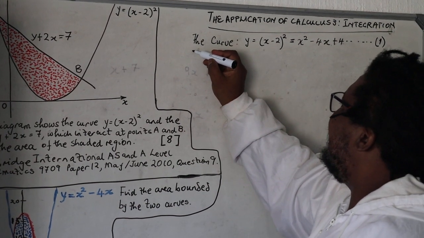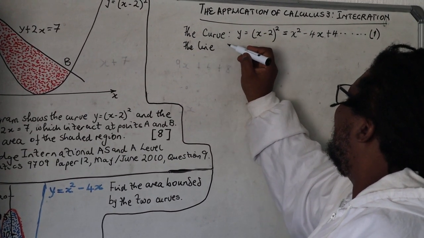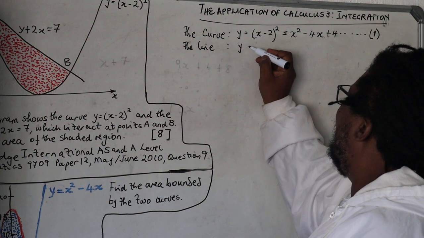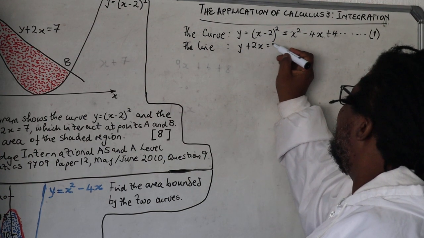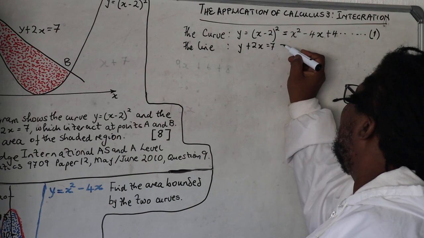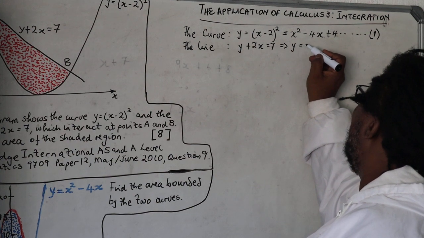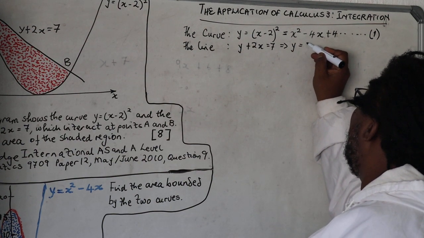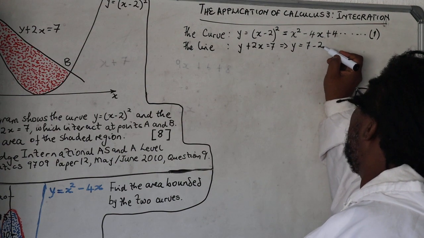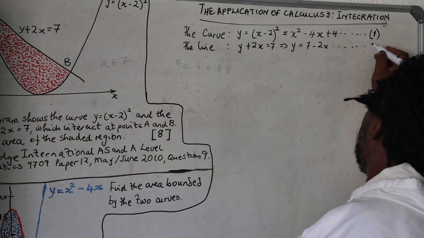Then for the line, y plus 2x is equal to 7, which gives us y is equal to, we take 2x to the right-hand side and it becomes 7 minus 2x, and that is our equation 2.